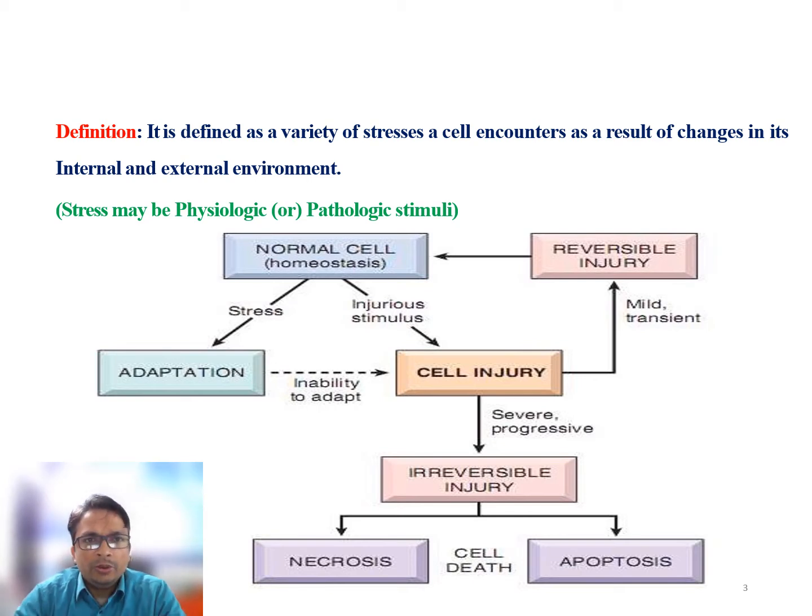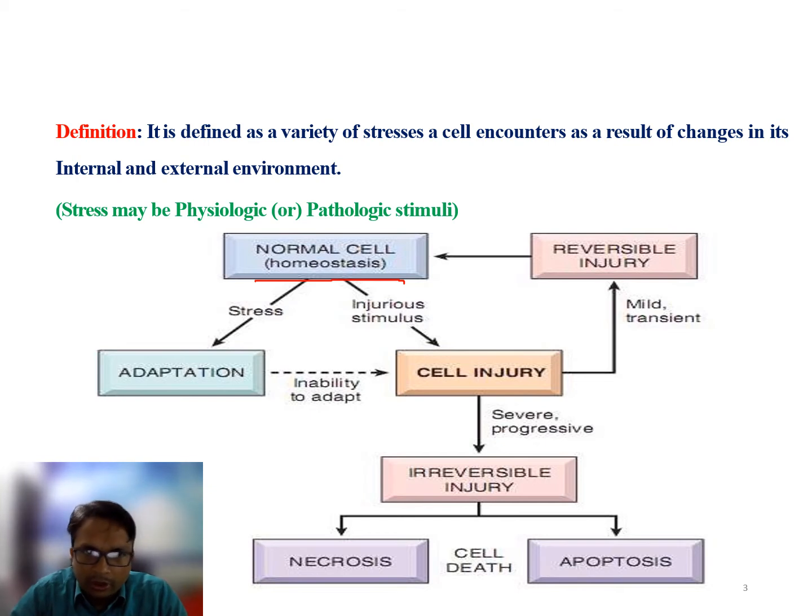Now, if we want to understand about the cellular injury, we have to see a normal cell over here. You can see the cell is in normal condition when its homeostasis has been maintained through the internal and external environment, and the external environment fluid is in between, where the exchange will occur.